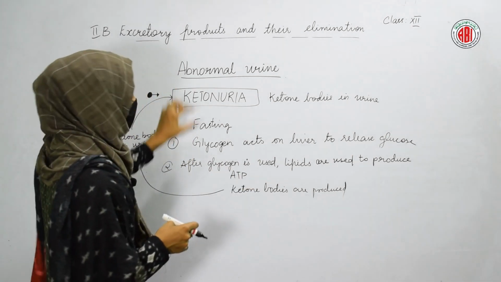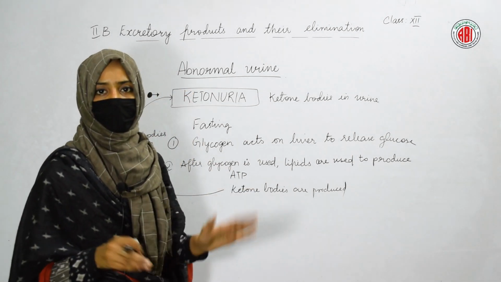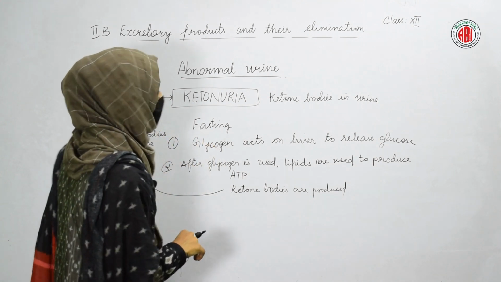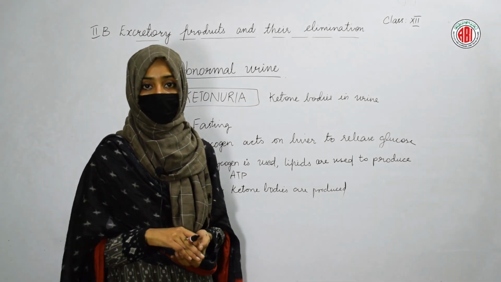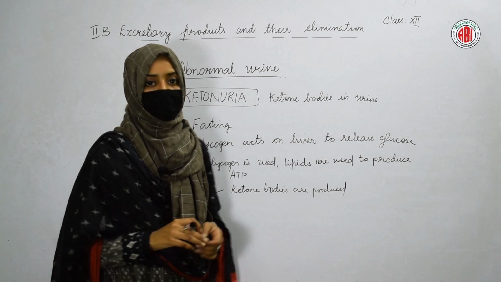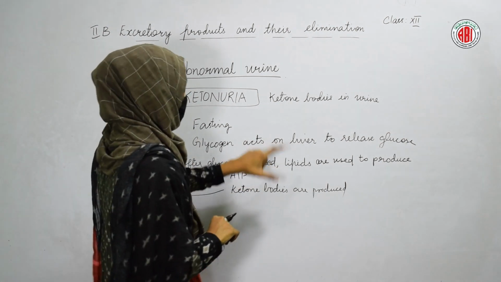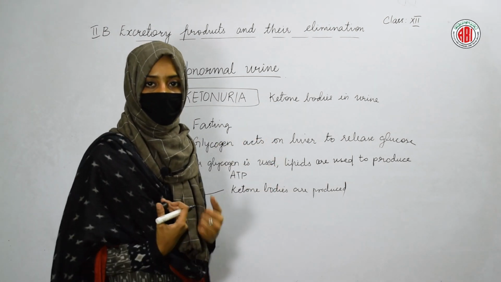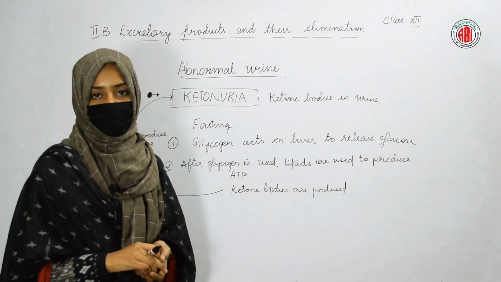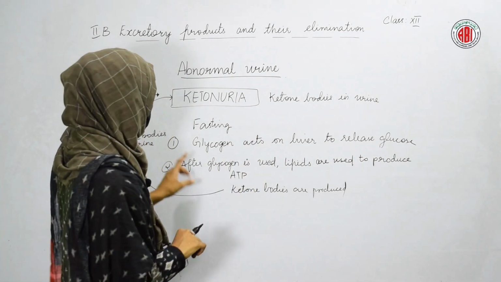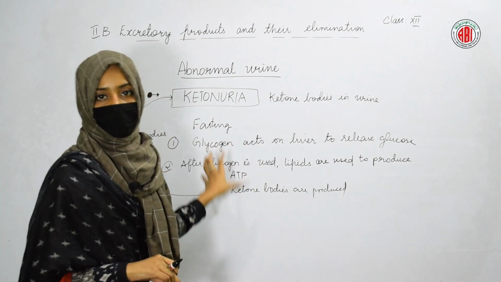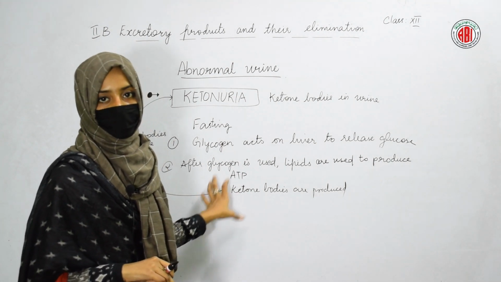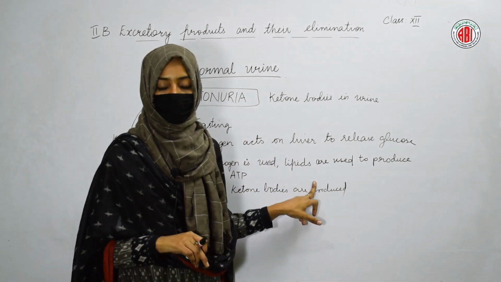But after this glycogen is used up, what are the different substances that help us to get the glucose? They are nothing but our lipids and fats that are stored in our body. These lipids and fats can be used by our body in order to produce ATP. So the energy molecule can be produced by the utilization of lipids also.